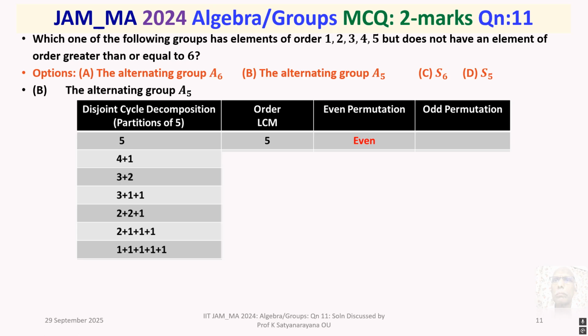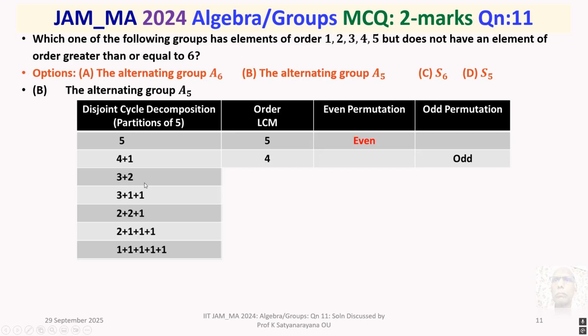In general, if a cycle has odd length, then it is an even permutation. If a cycle has even length, then it is an odd permutation. For 4, the length is even, therefore it is an odd permutation, and the LCM is 4.